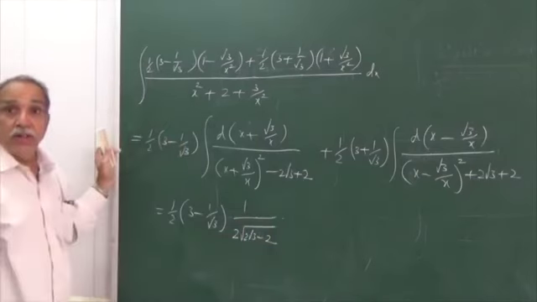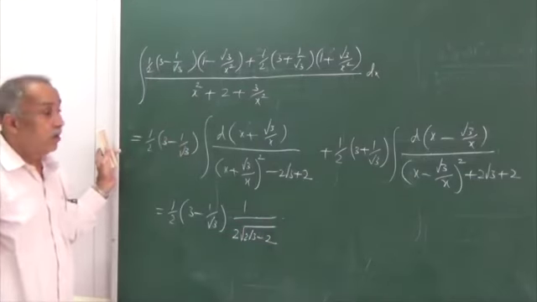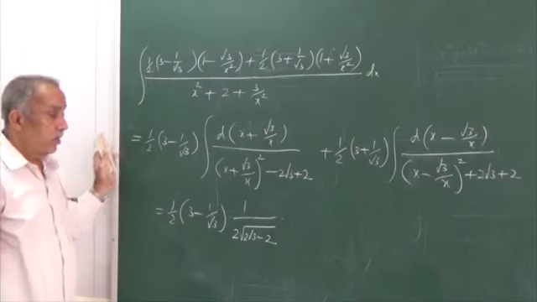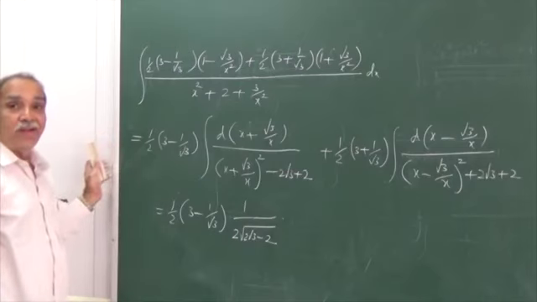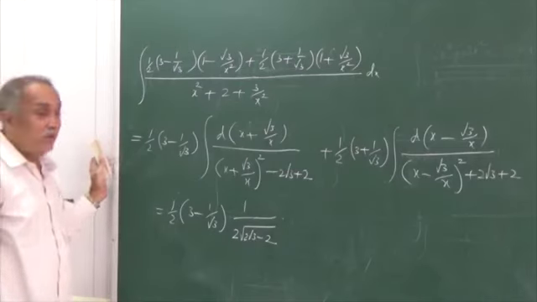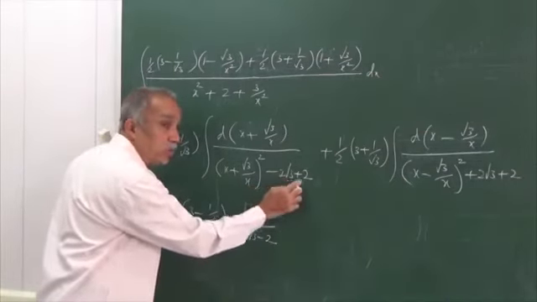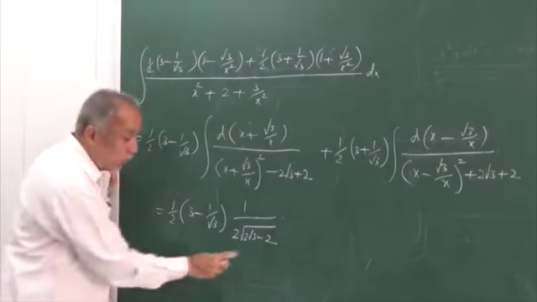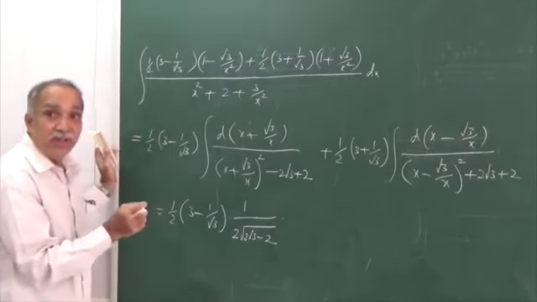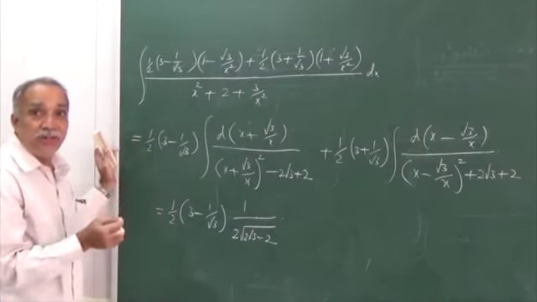Am I right? Right, I think. I am treating this as minus a². This is minus of (2√3 − 2). 2√3 − 2 is a positive number. If I write 2 − 2√3, it will be negative.